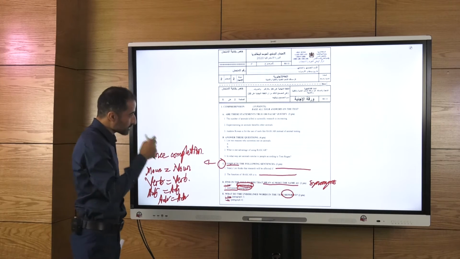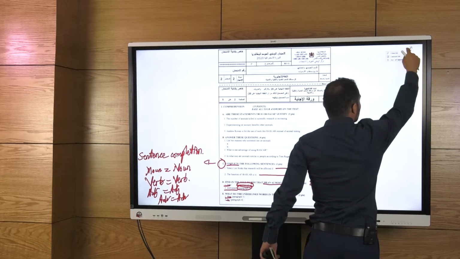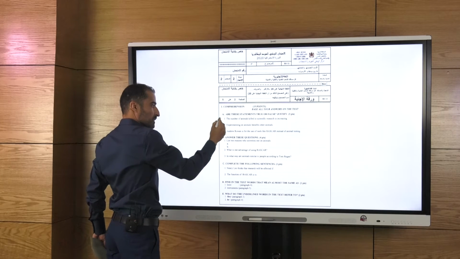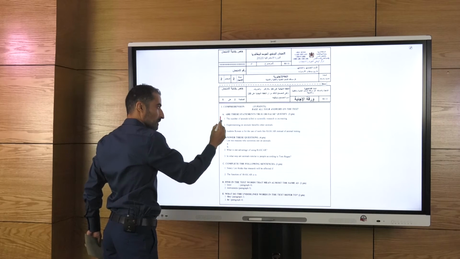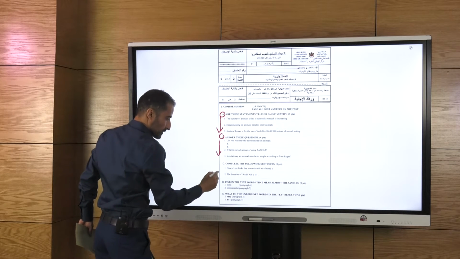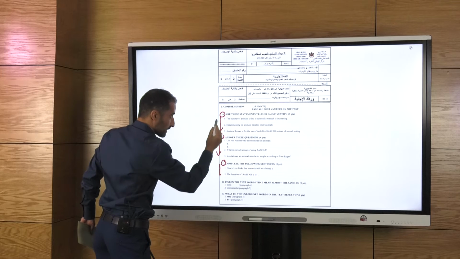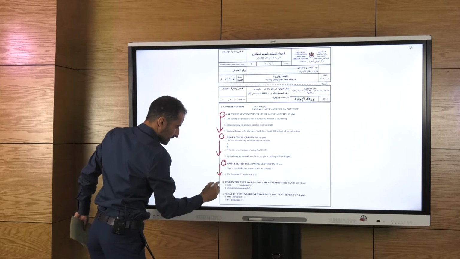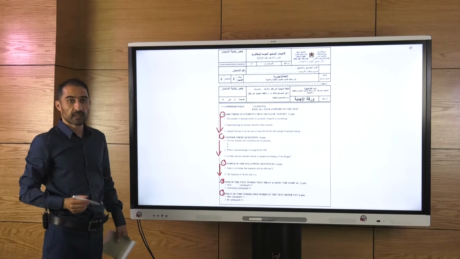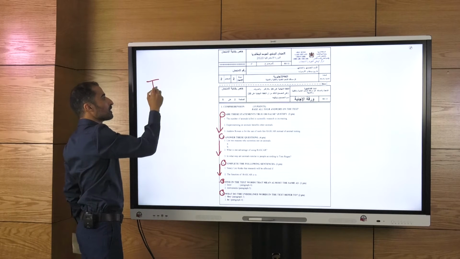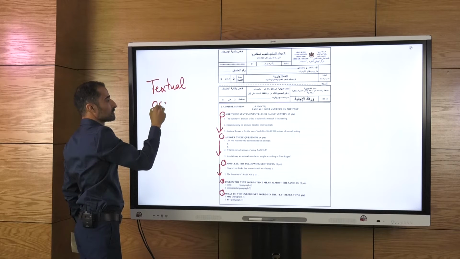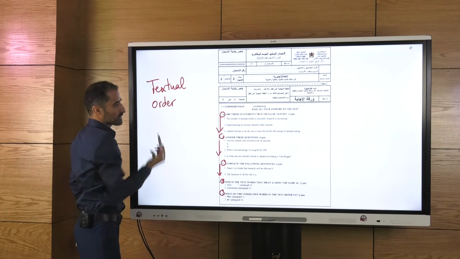Something which is very important is that all the comprehension questions, either in rubric A, B, rubric C, D, and F, are put in a kind of textual order. What does this mean, textual order?